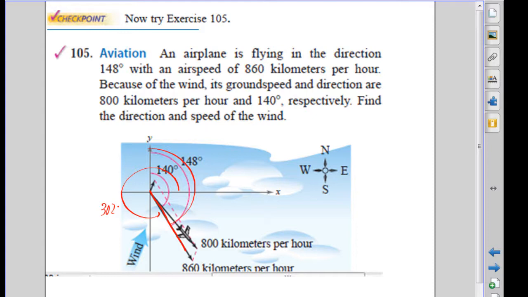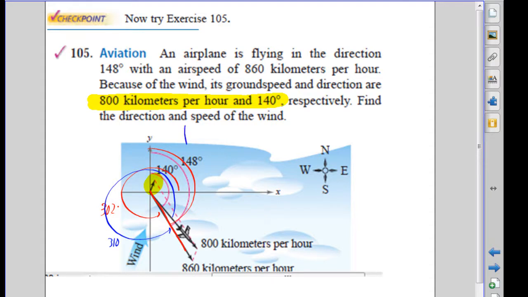Let's see, because the wind is this tiny vector here, its ground speed and direction as a result are 800 kilometers per hour and 140 degrees. So that's the second vector here. So because of the wind, the plane is now flying at 140 degrees, which comes out to 310 degrees.